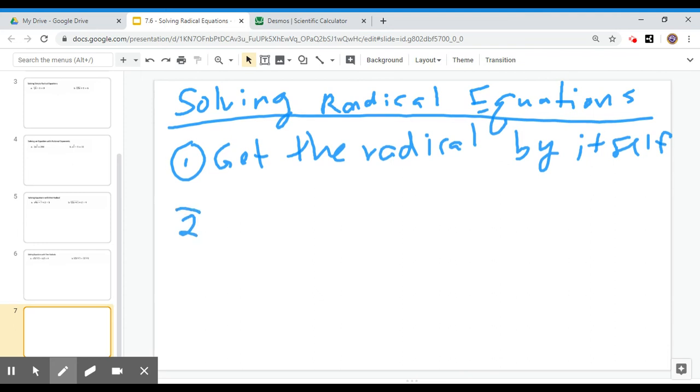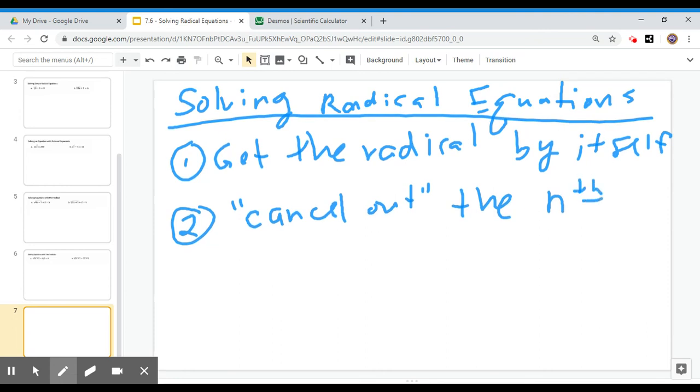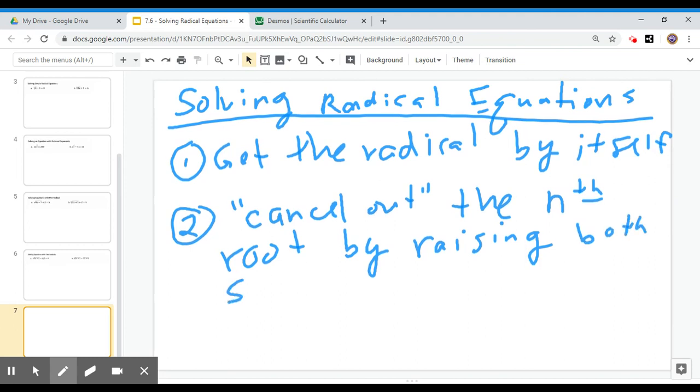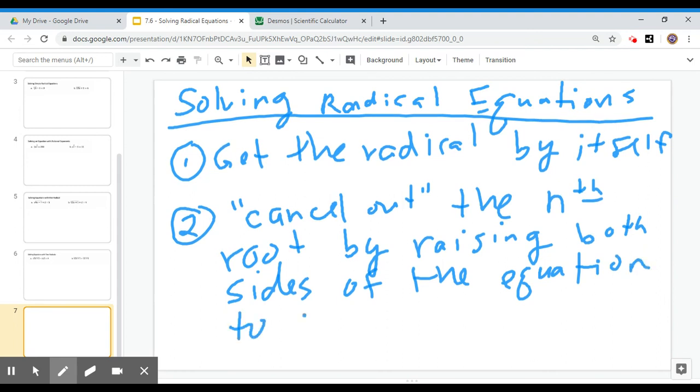And then after that, what we did was we canceled it out. Let's say we're canceling out the nth root. So whatever the root is, we're just going to call it n. So the nth root by raising both sides of the equation to the nth power.